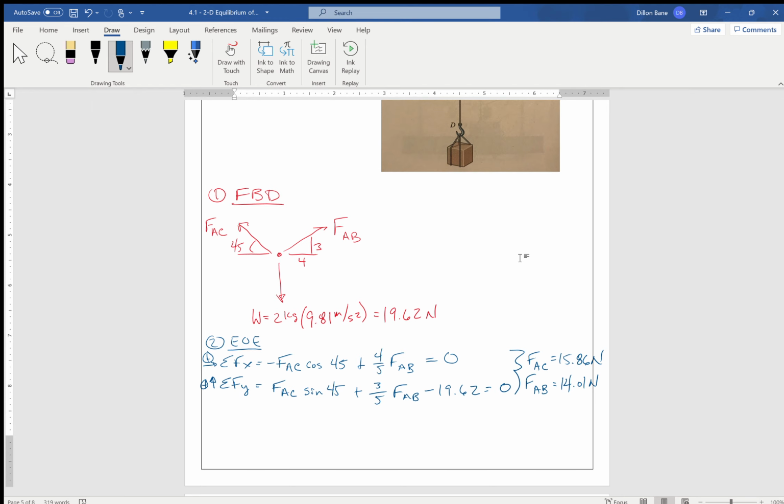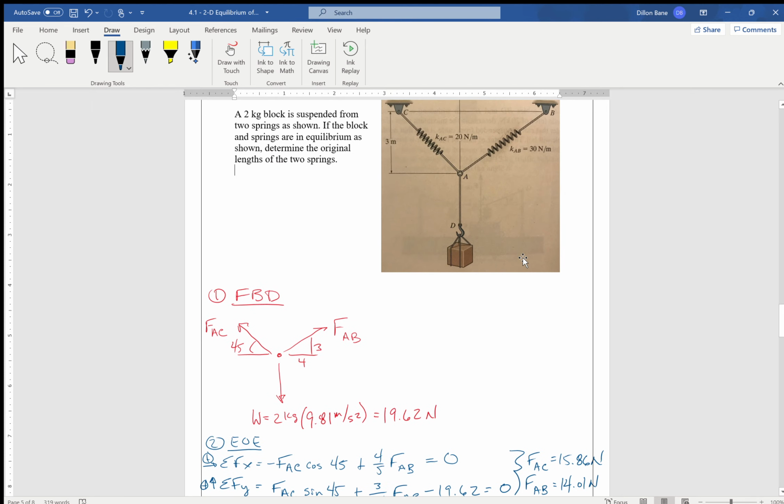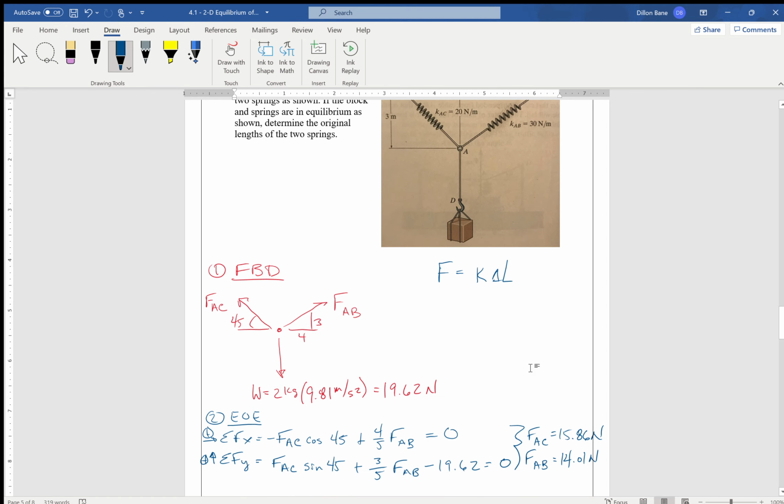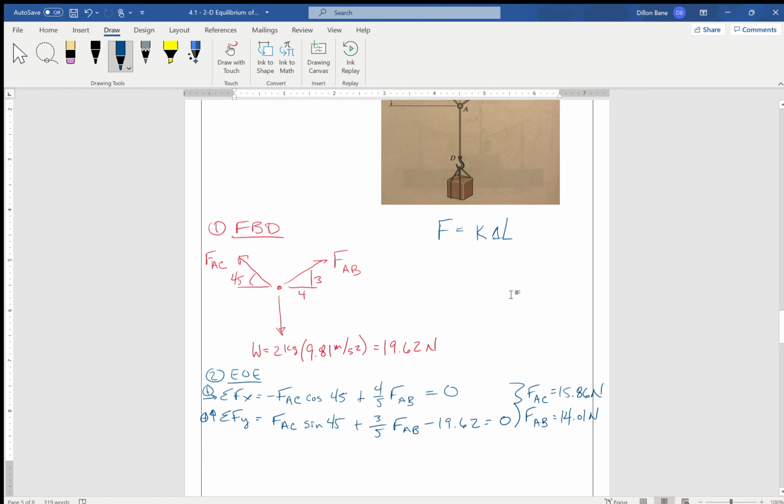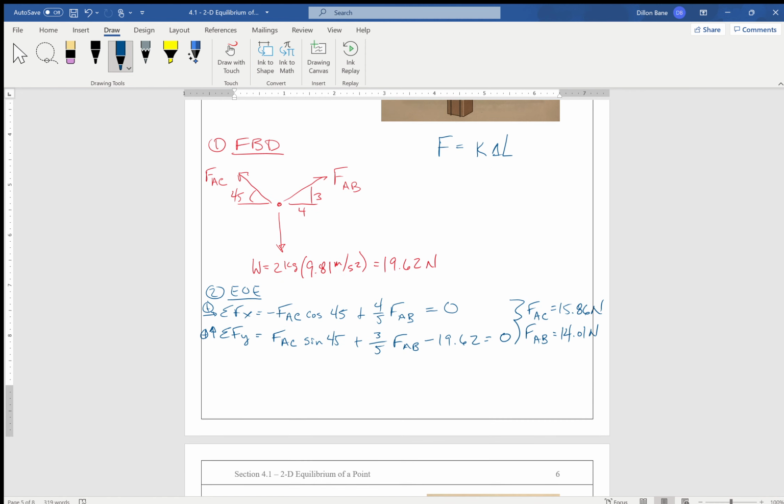If we remember from our lecture last week, we derived the equation for the force in the spring: F equals K times some delta L. For what we're doing, we're trying to find delta L because we know K and we now know the force, so we can calculate delta L. So let's do that.